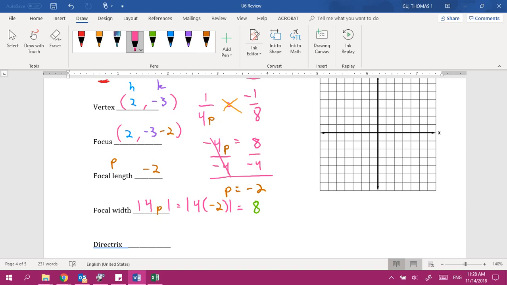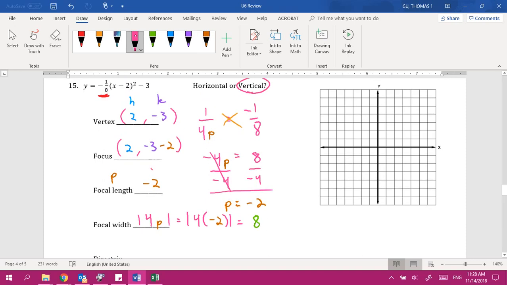And so my focus is going to be where? 2, and then what's -3 minus 2? -5. So the focus is going to be at 2, -5.